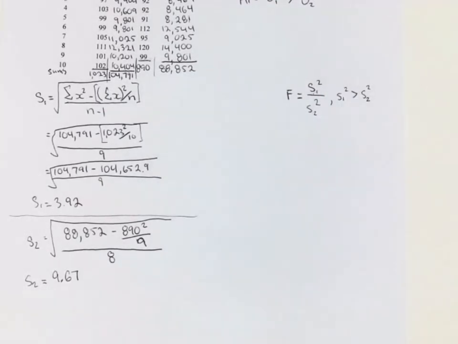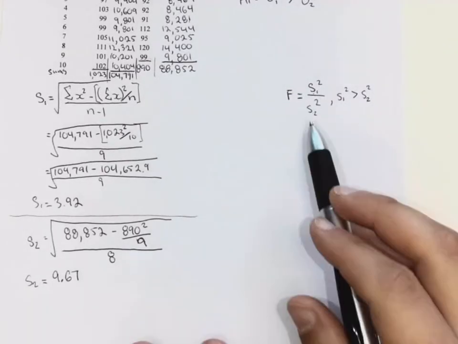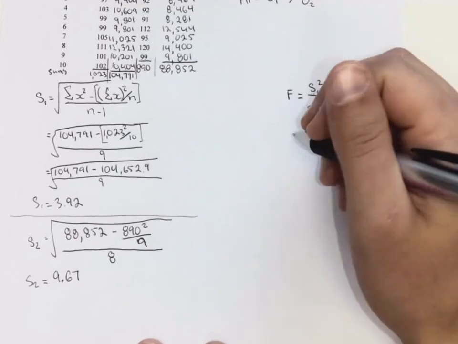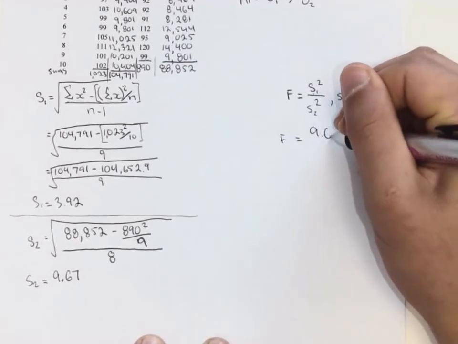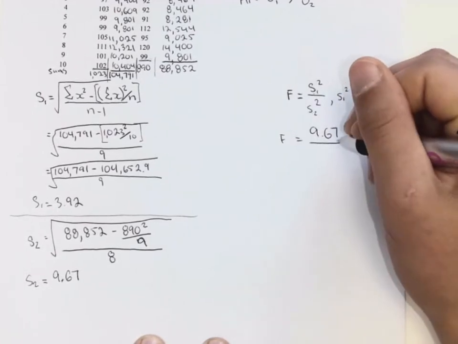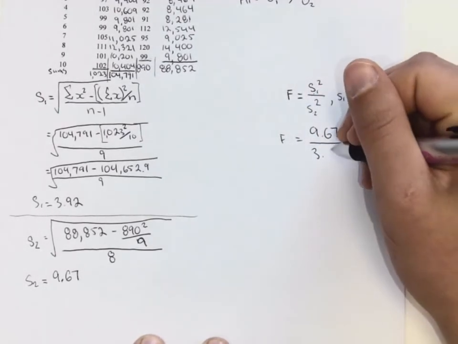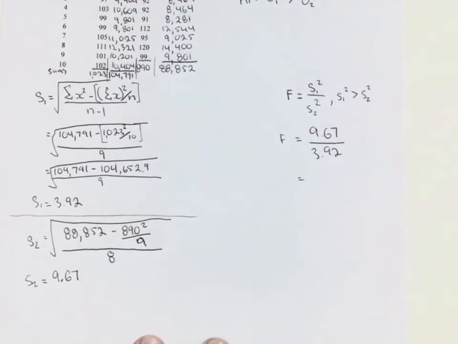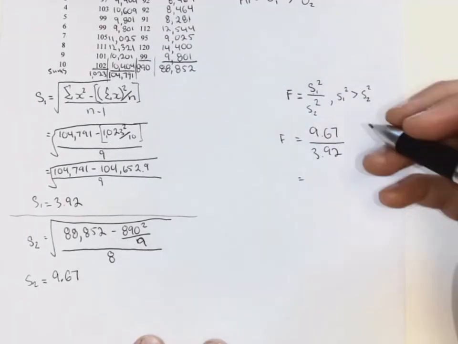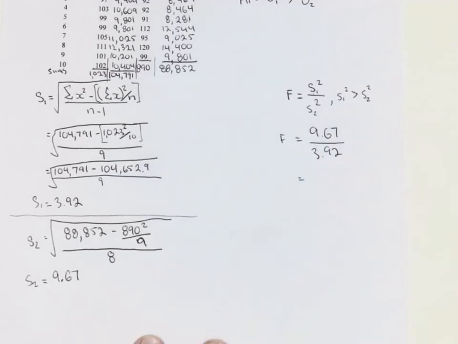It must be that way. The numerator must be the largest number. So we're actually going to switch these to S2, S1. So F equals 9.67 divided by 3.92.